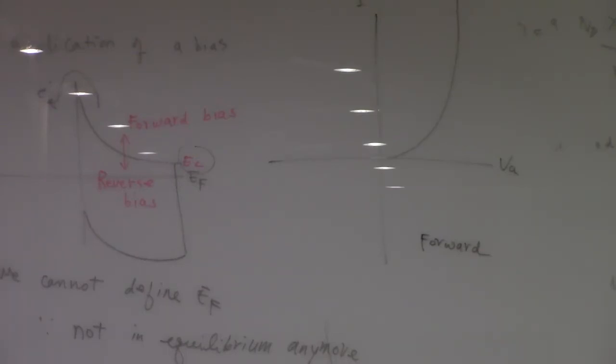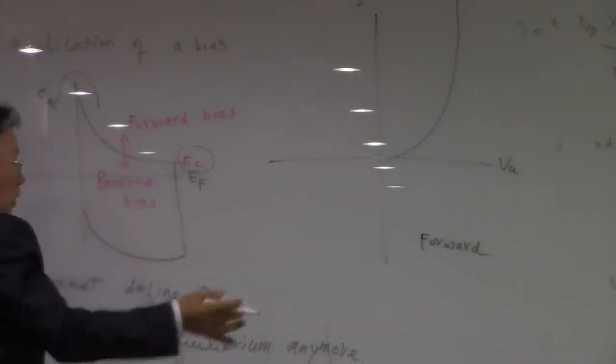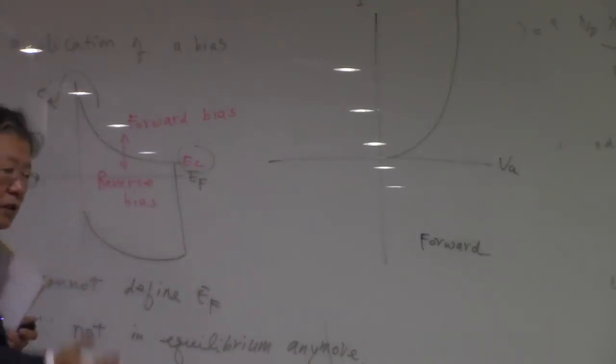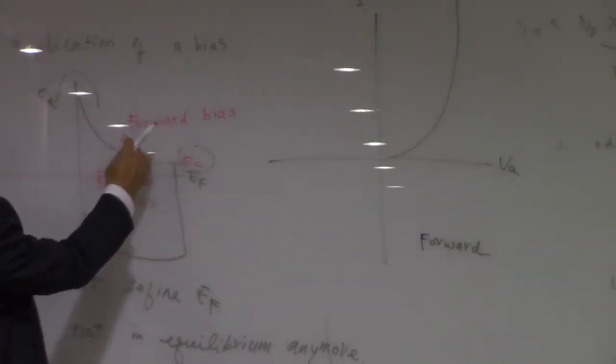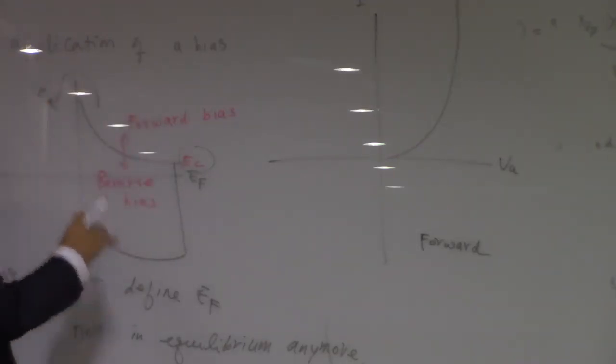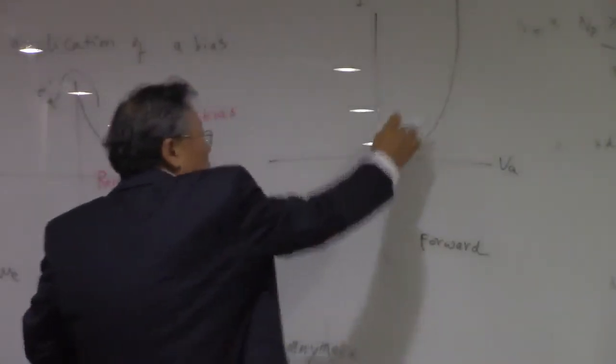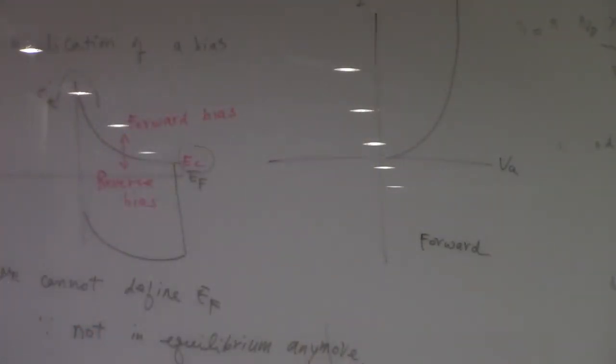Remember? Okay. So with the application of voltage, the conduction band is distorted in such a way that more electrons can flow to the metal, and the increase in electron number is exponentially proportional to the applied voltage. So that's why we have this exponential increase in the current.